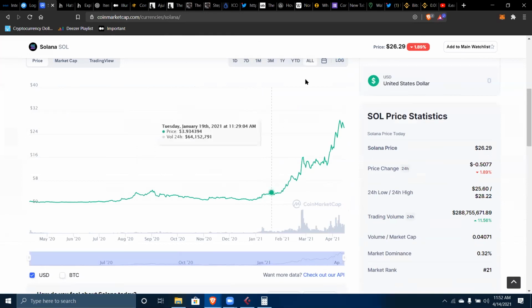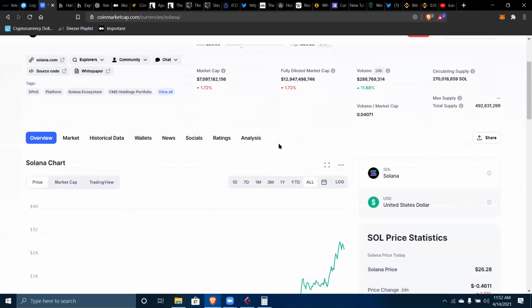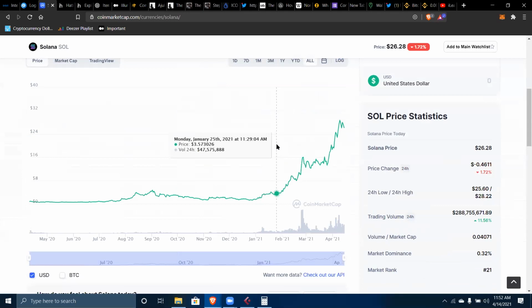When someone first informed me about Solana, it was $1, and somehow, somewhere, I just did not take that information seriously. And now the market cap is up to like 7 billion, which is a lot already. But I'm still bagging some SOL because I just believe that it could still perform, hopefully.